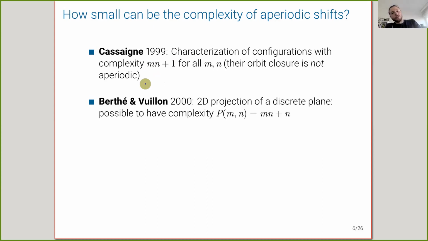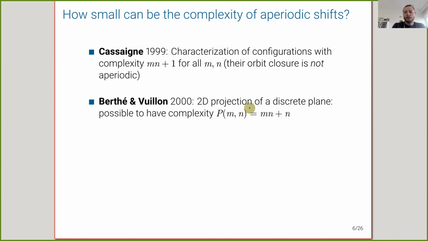On the other hand, if you look at trying to find some aperiodic shift, or even one aperiodic configuration, with the smallest possible complexity, well, you can find some results about this in a paper from Valérie Berthé and Laurent Vuillon, in which they prove that by taking some two-dimensional projection of a discrete plane, you can build a configuration that has complexity mn plus n, if you're careful with choosing the angles of the plane and how you project it.